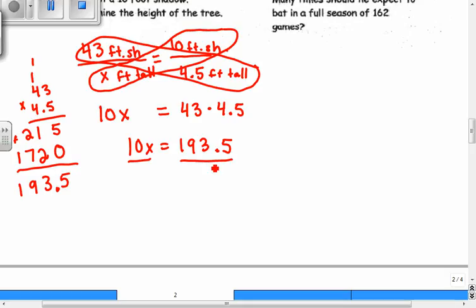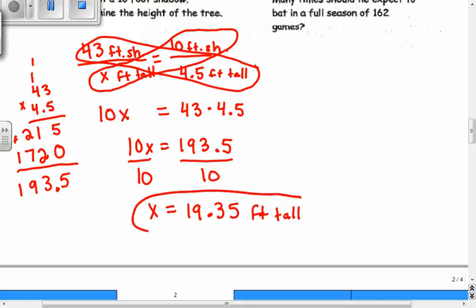So we divide both sides by 10. X equals 19.35 feet tall. So the tree is 19.35 feet.